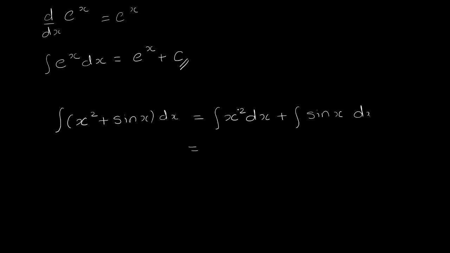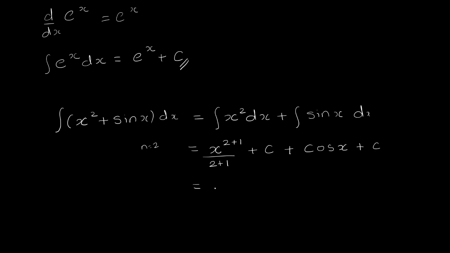Now, the integral of x square we have seen, x raised to n, where n is 2 in this case. So n plus 1 will be 2 plus 1, divided by 2 plus 1, plus a constant c. And the integral of sine of x is minus cos of x plus some constant c.